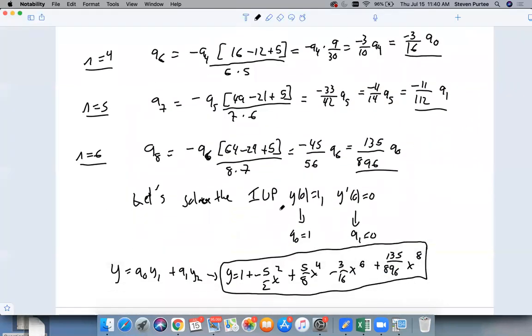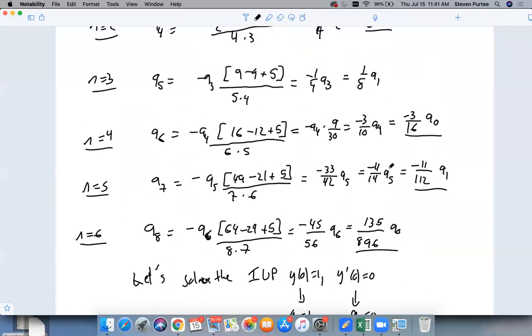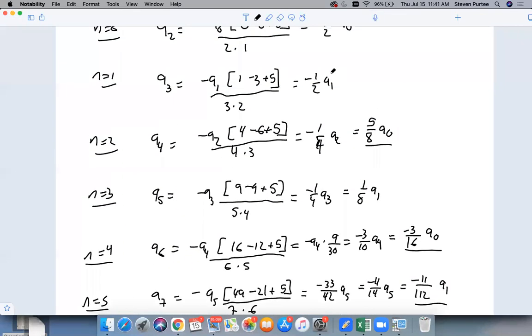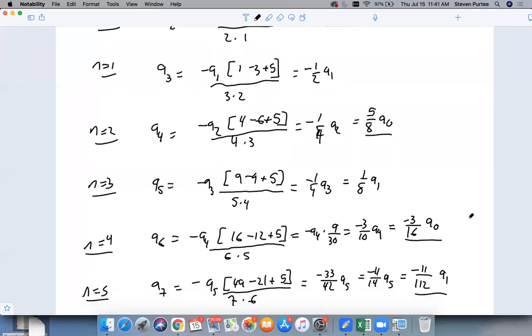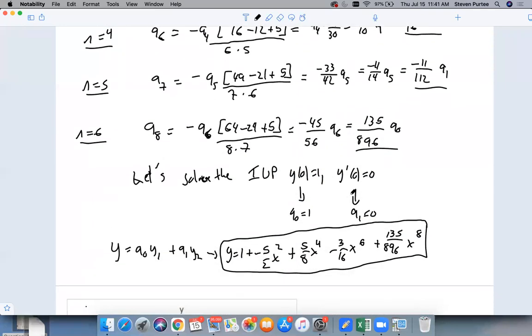So I'm going to solve that IVP, y of 0 equals 1, y prime of 0 equals 0. Every single time, y of 0 is A0, y prime of 0 is A1. So all my A1s are going to be 0. All these terms here are all going to be 0 in the final solution.